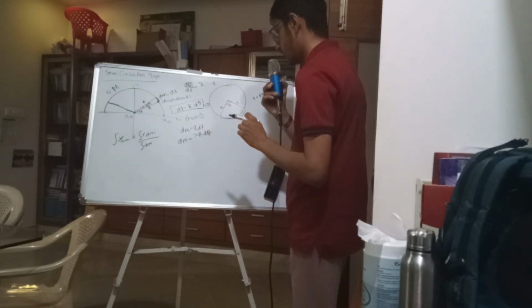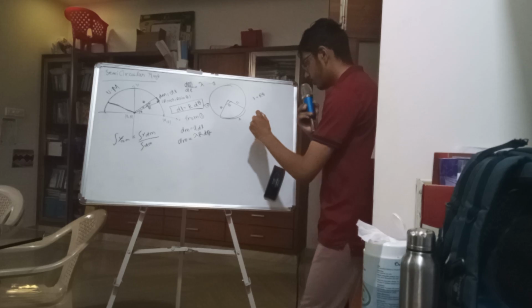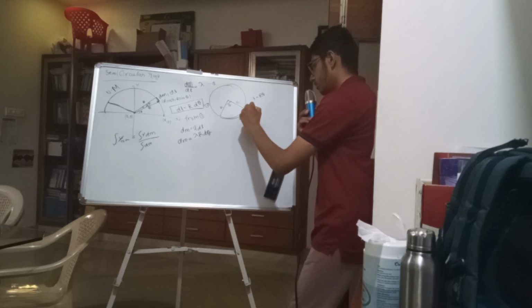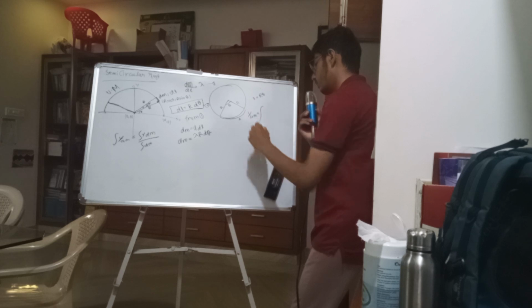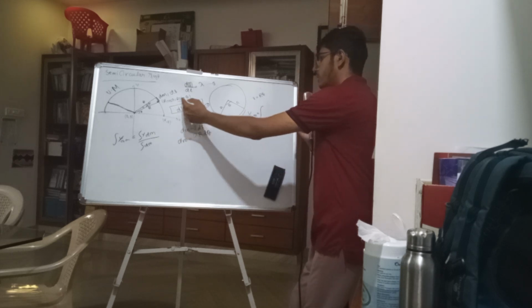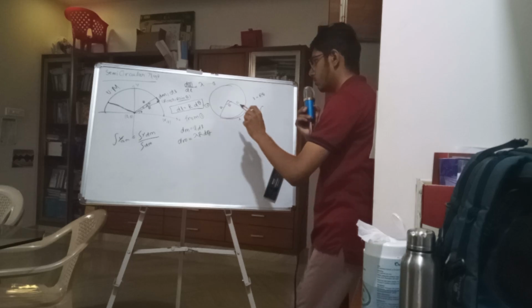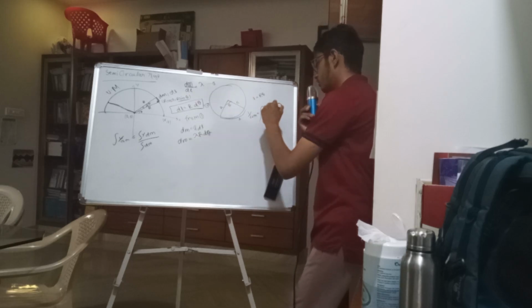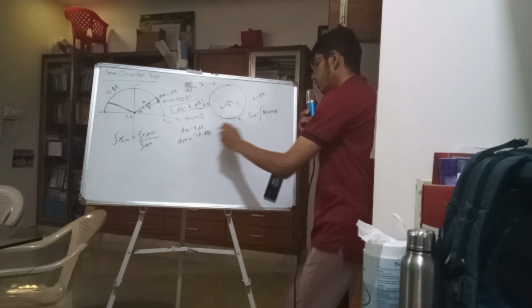Yes, I can write. Now you tell me, what is the center of mass along the y direction? Y center of mass is going to be the integral of y dm. What is y? The coordinate of whichever point we are assuming. This is going to be r sin theta. So r sin theta into dm.